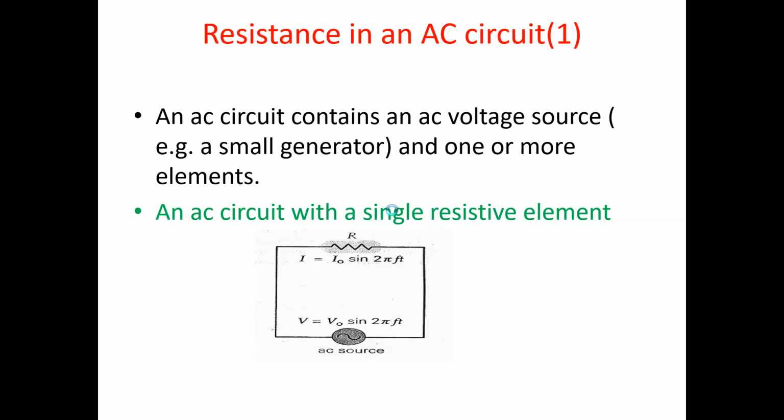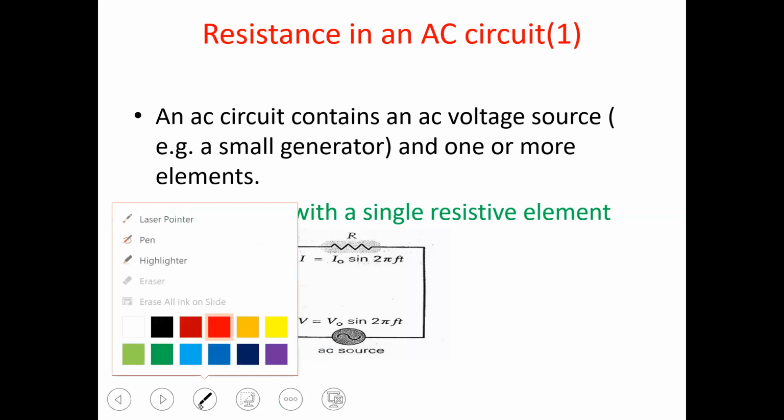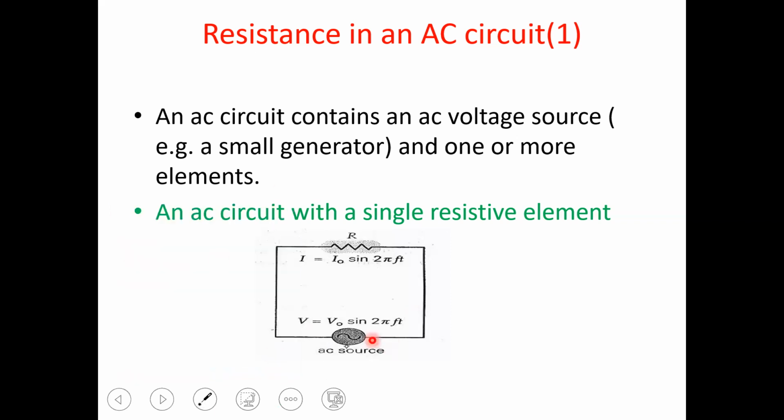So an AC circuit contains an AC voltage source, like a small generator. Our batteries are DC voltages. In this case, we have an AC source, and the voltage of the AC source is V equals V naught sine 2 pi ft.